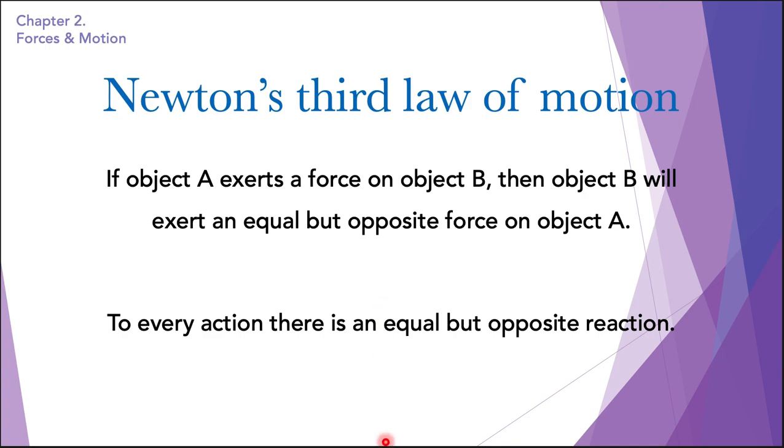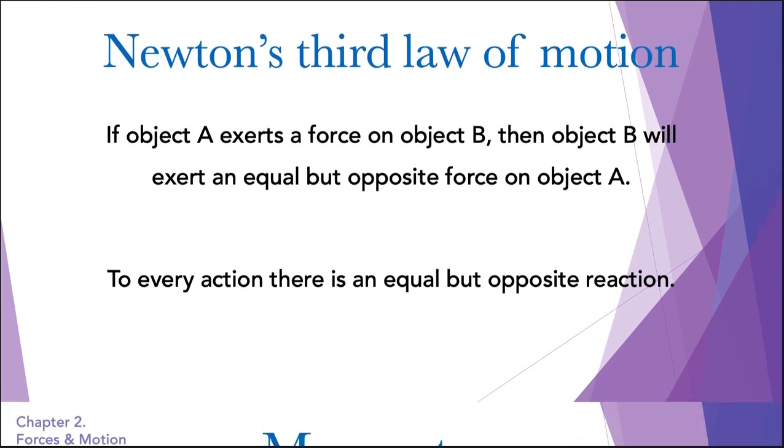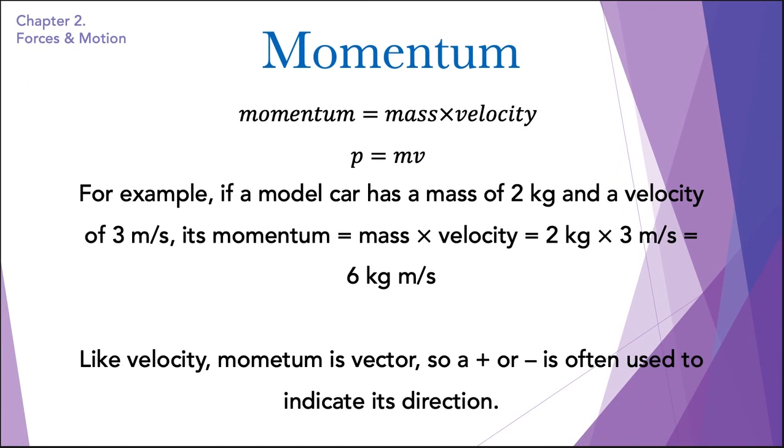Okay, now that we understood action and reaction, we can move ahead onto momentum. So momentum is equal to mass into velocity. p = mv. p is known as momentum, m as mass, and v as velocity, of course.